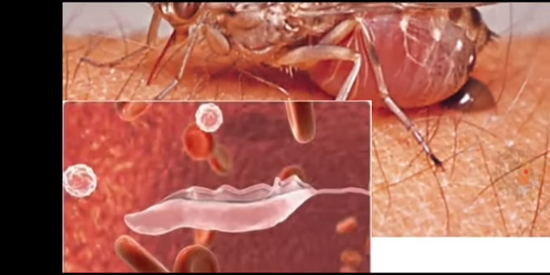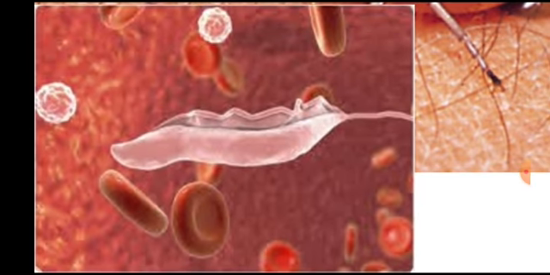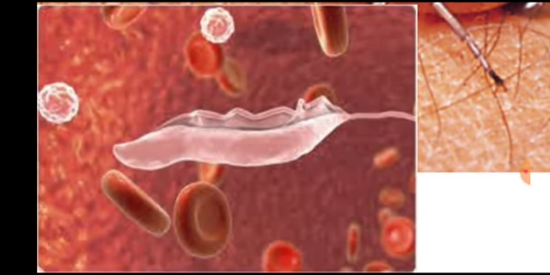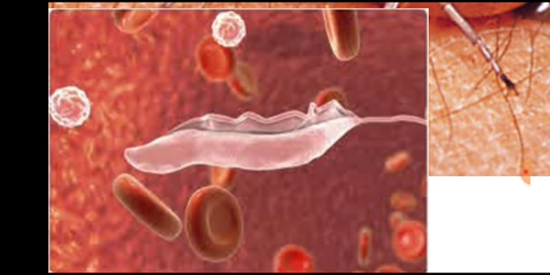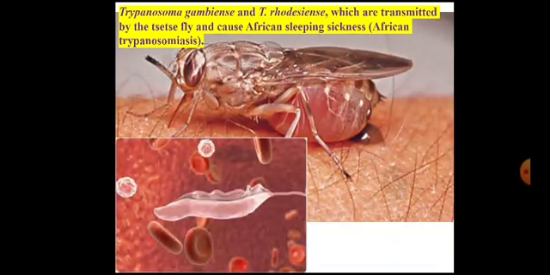This is the pathogen, that is trypanosoma. You can see this, and the rest of the things are blood cells. The circular ones are blood cells, and the white ones are white blood cells. Red ones are red blood cells.